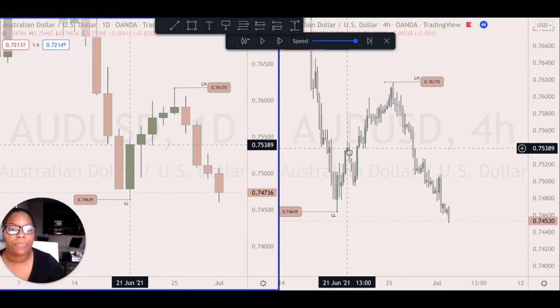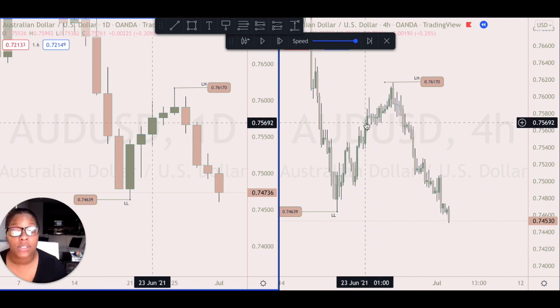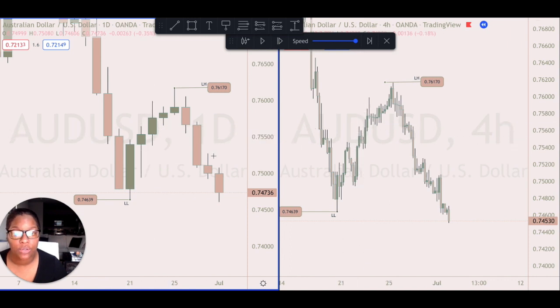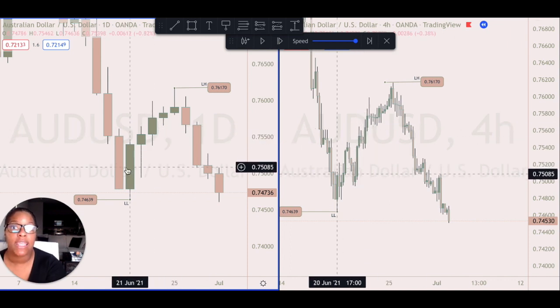But remember, the 4-hour time frame forms first, which means you see candle by candle by candle before you see these big daily candles. So it takes a lower time frame to create the higher time frame. So time frames are not doing anything different. Some people say, well, price can be going in an uptrend on one time frame, where price on another time frame can be going in a downtrend.